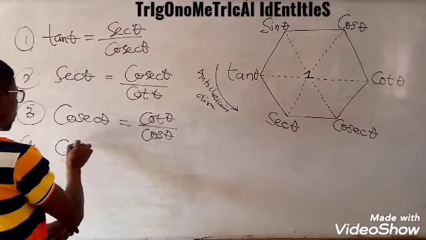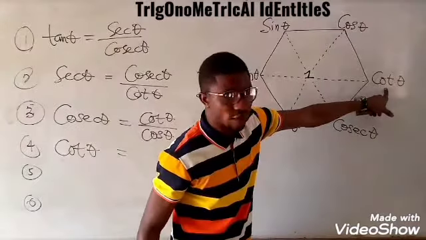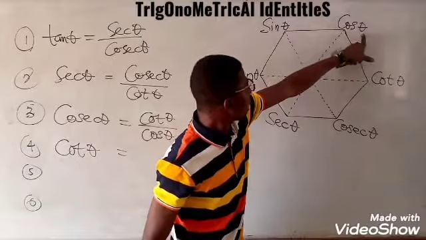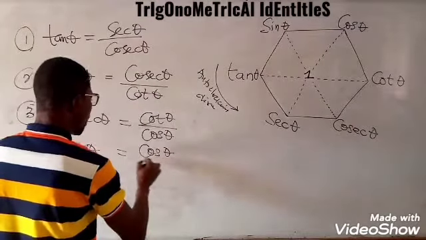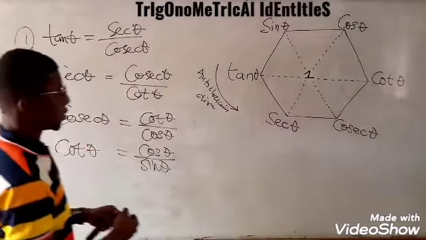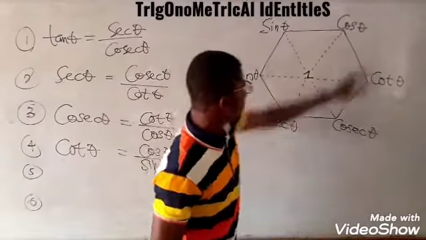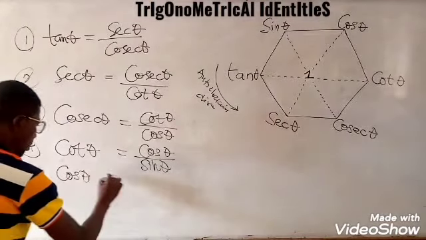So we have cot theta also. Cot theta equals cos theta divided by sin theta. So we look at cos theta also along the counterclockwise direction.